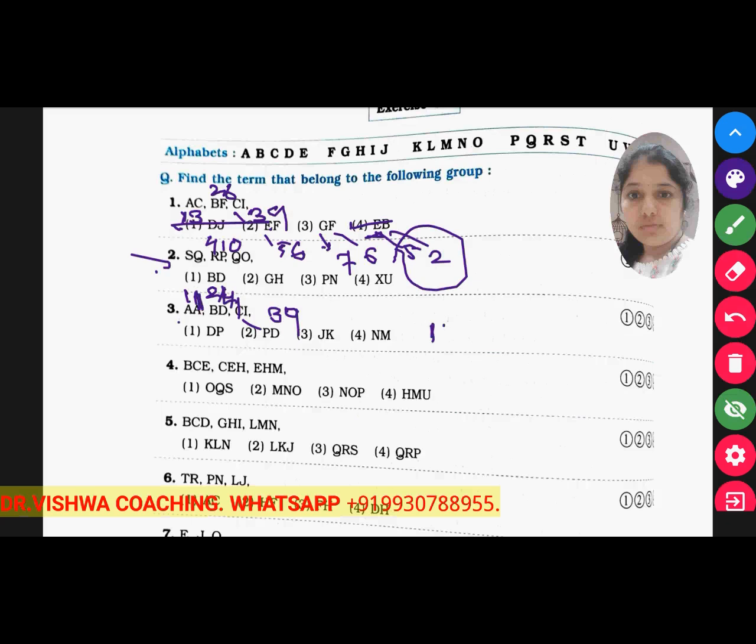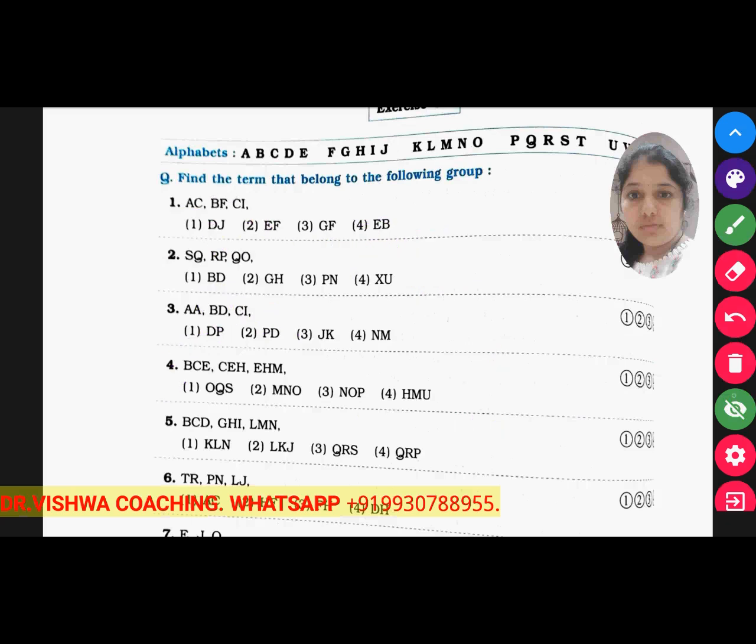So what is the pattern here? If you do the square of 1, it is 1. If you do the square of 2, it is 4. If you do the square of 3, it is 9. So find out. Now D is at 4th position and P is at 16th position. Now here only we got the answer because the square of 4 is 16. So option number 1 is the correct option here.